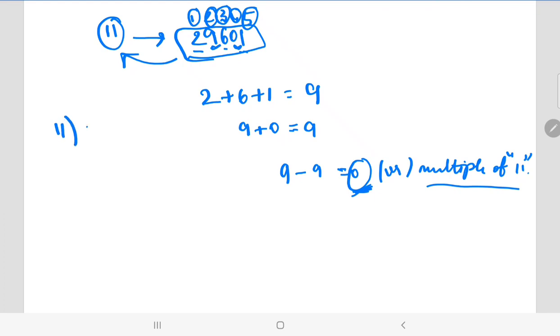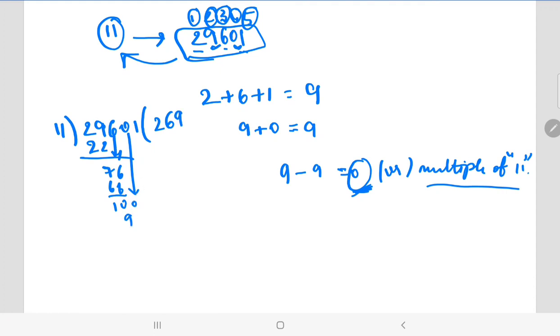Let us check now. We can take 11 2s or 22. You will get 76, and you can take 6 or 66. 10. You can take 11 9s or 99. 1 is a remainder.